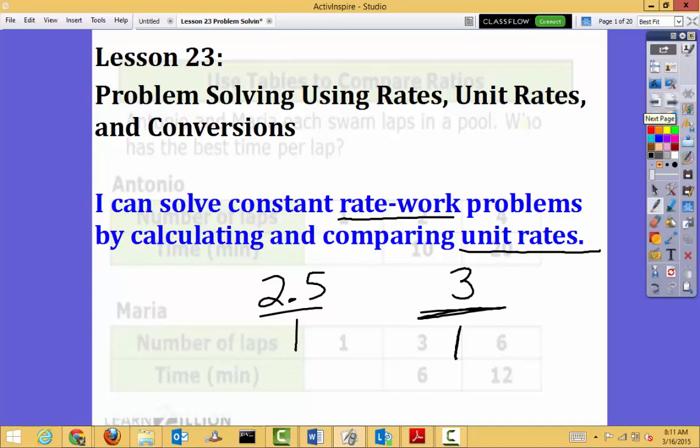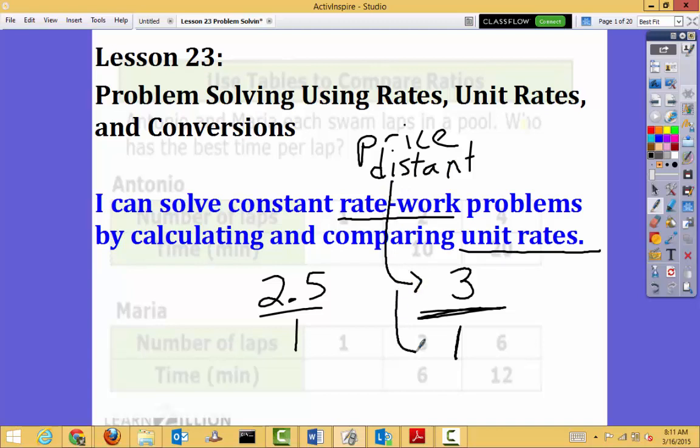We've done unit rates with price. We've done unit rates with distance. Remember, in each of these, our distance was on the top. And what was on the bottom for distance? Well, on the bottom, that was time. So remember, it was like miles per hour.